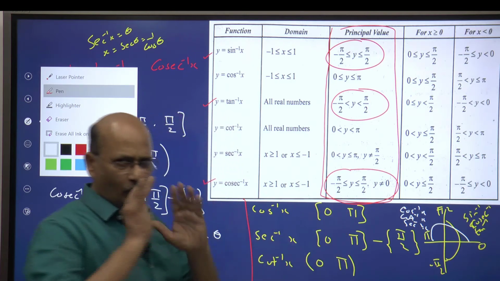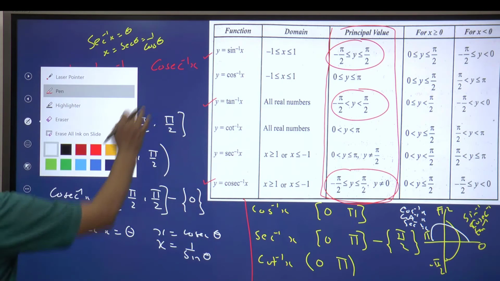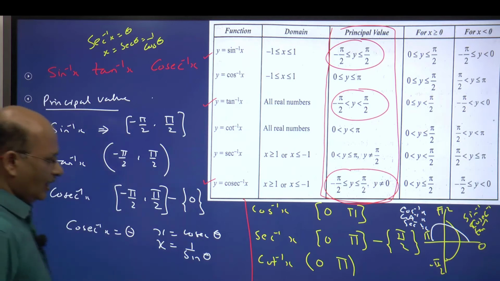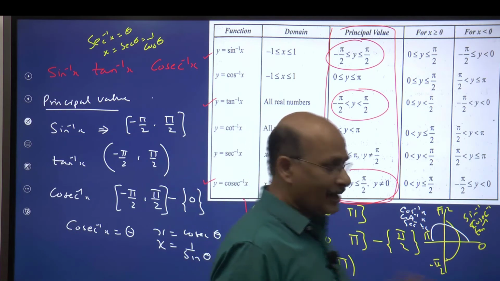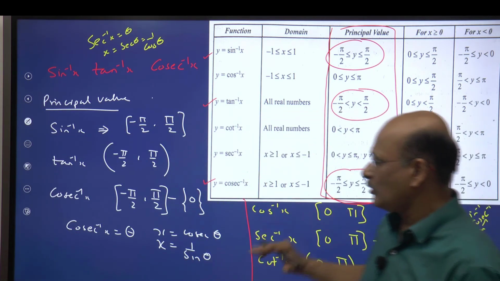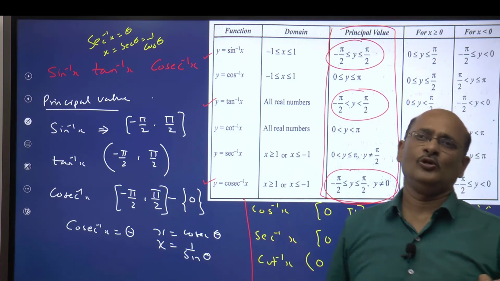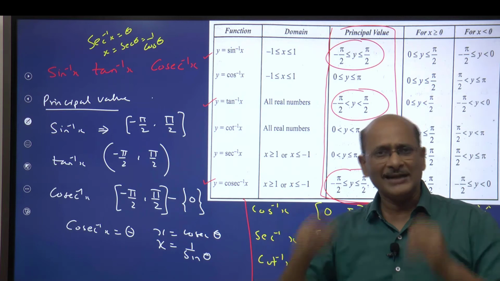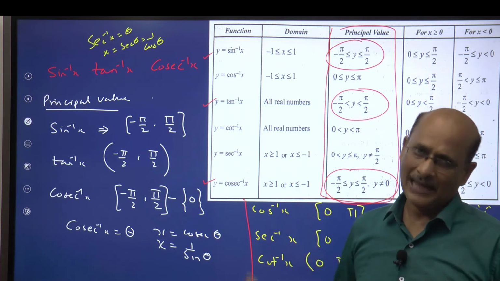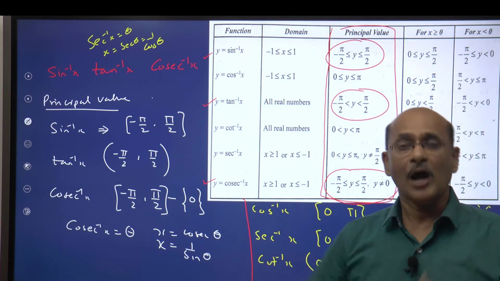So I hope this part and this portion is very, very clear. Now, these are principal values I am talking about. Besides this knowledge, there are some additional pocket formulas also which will help you drastically in understanding how to approach the sum.